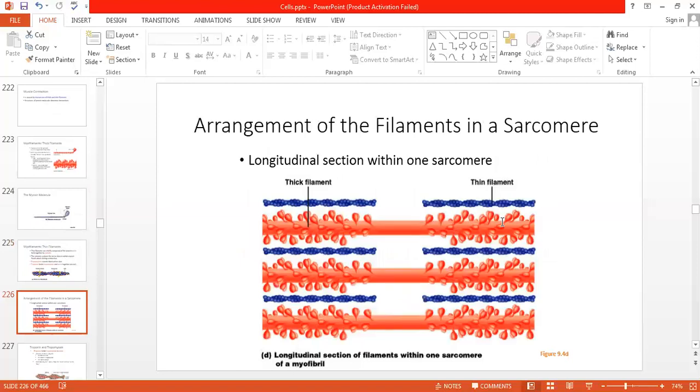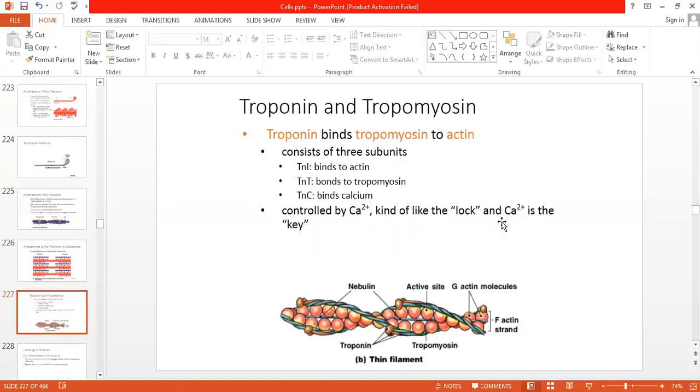This is the arrangement. One is the thick filament, one is the thin filament, one is actin, one is myosin. Troponin, tropomyosin. Troponin binds tropomyosin to actin. So what is the function of troponin? It binds tropomyosin to actin and consists of three subunits: TnI binds to the actin, TnT binds to the tropomyosin, and TnC binds to calcium.